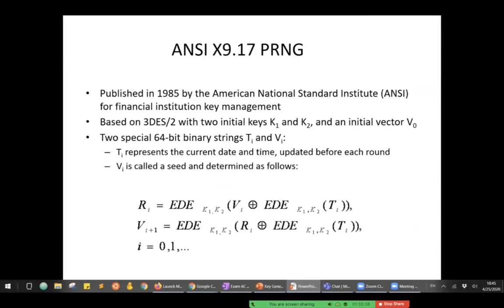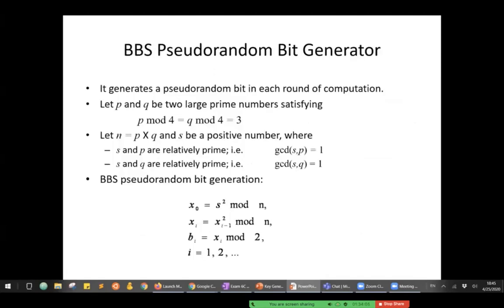For instance, we just replace EDE sub K1, K2 with AES sub K. You replace this with AES sub K, same thing for these two. Then you can also generate a secret key of 128 bits long.